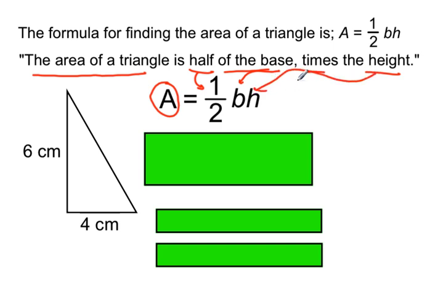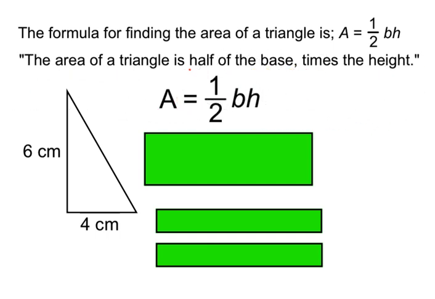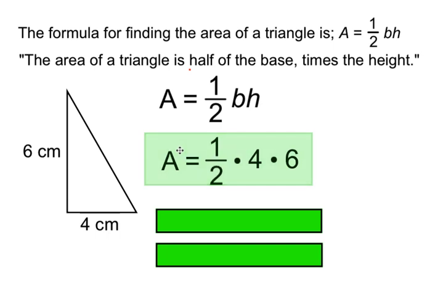All right? So if we were to actually take this formula and see it used, we would look at our example here. So we have a height of 6 centimeters and a base of 4 centimeters. Okay? And we would just take those values and plug them in to our formula.